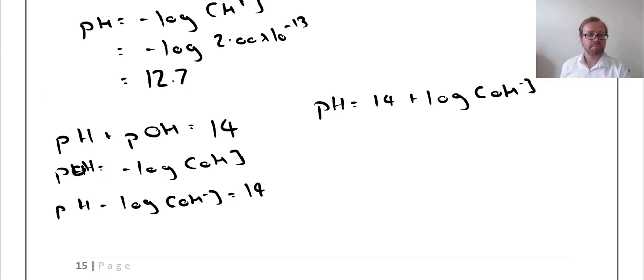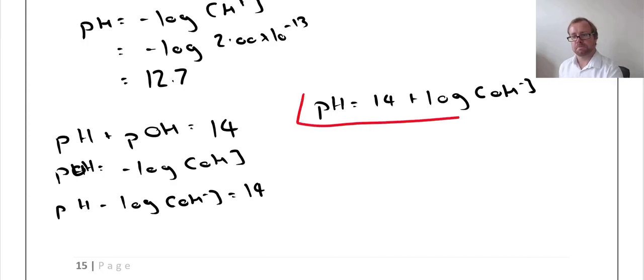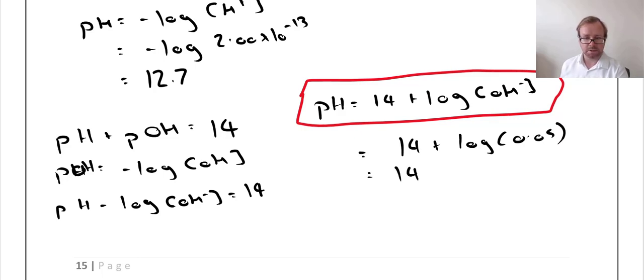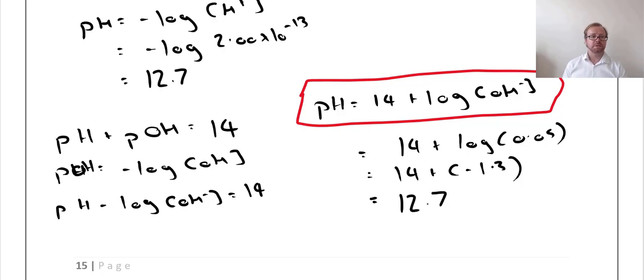So this is your important equation, and I can say then that pH would equal 14 plus, in my example, the log of 0.05, and because we haven't got a minus, it will equal 14 plus minus 1.3, which gives me a value of 12.7.